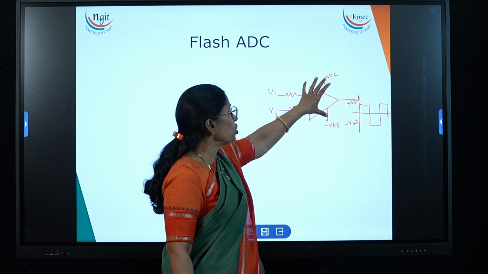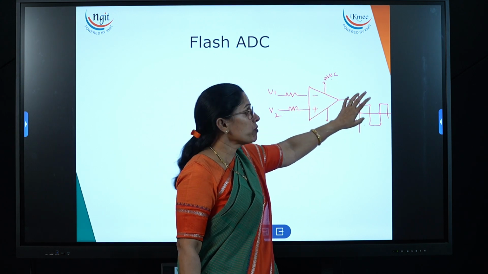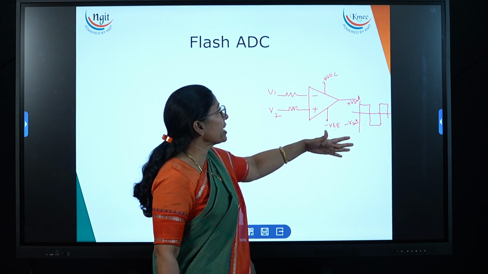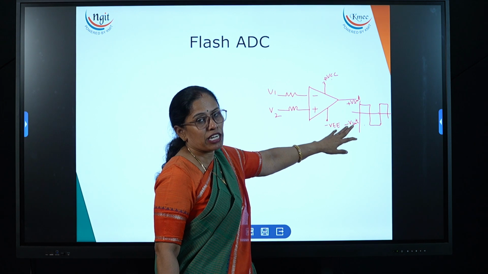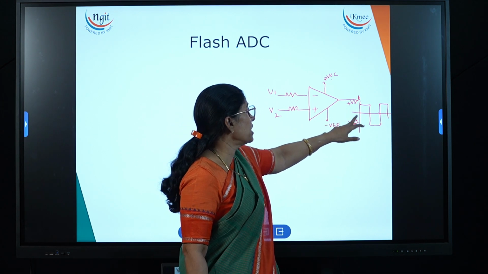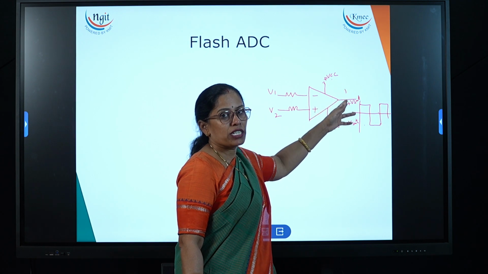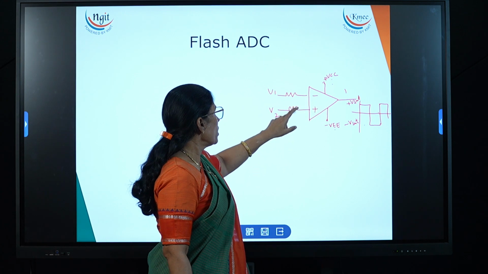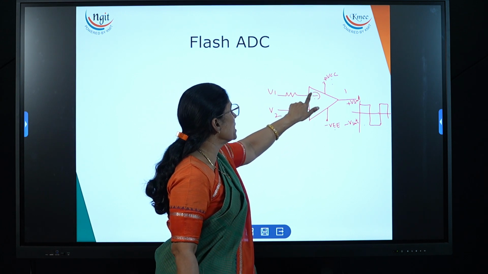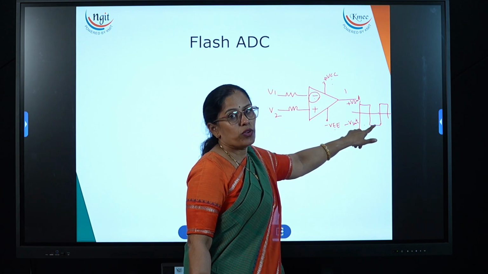In the theoretical ideal case you can say it is plus VCC and minus VEE, but practically it is plus VSAT and minus VSAT, which is less than these maximum voltages. It is 90% of the voltages we applied here. If the negative terminal voltage is greater than the positive terminal voltage, then we get the minus VSAT value.